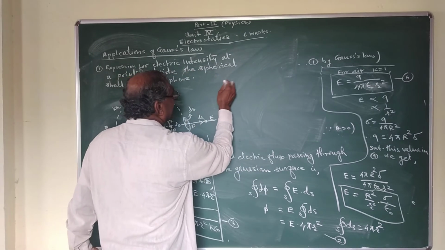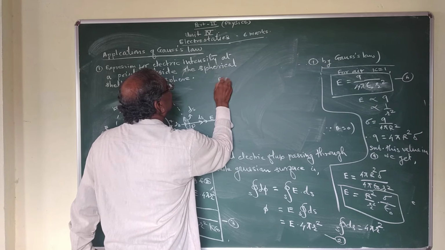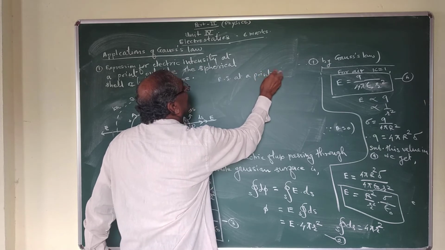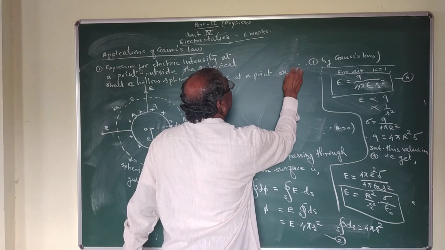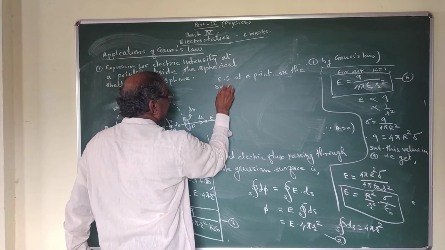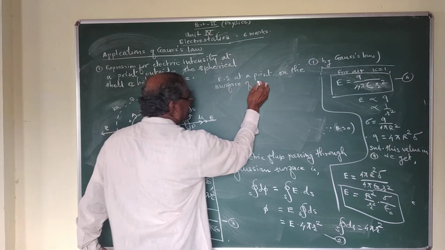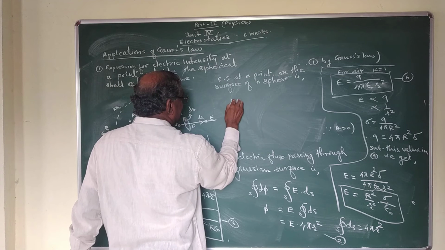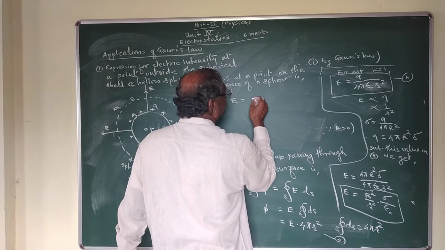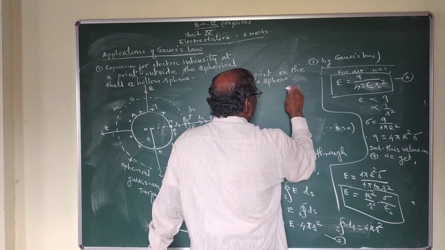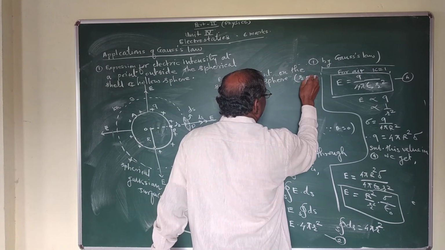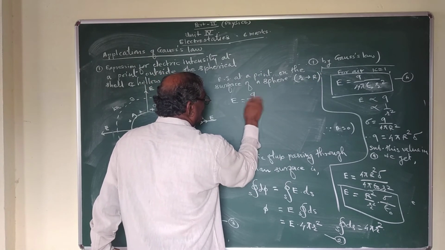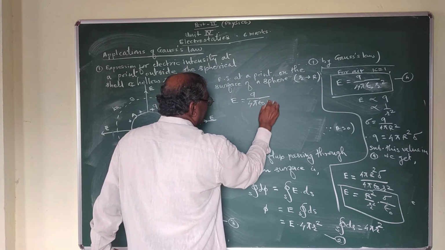That is, electric intensity at a point on the surface, that is E, small r tends to R. Therefore this equation we can write: Q upon 4 pi epsilon 0 into R square.